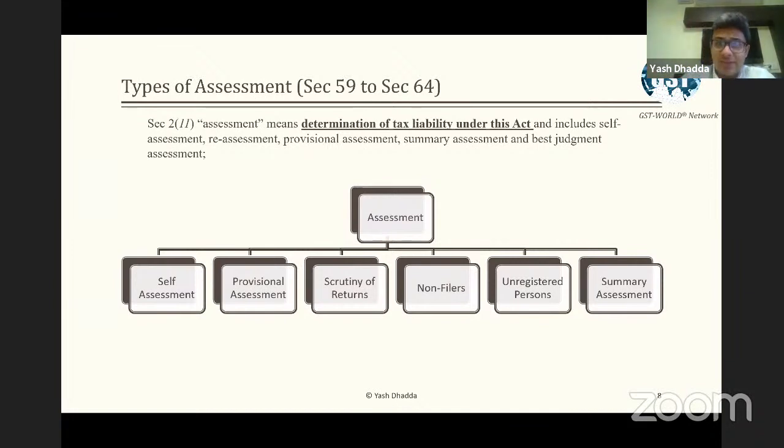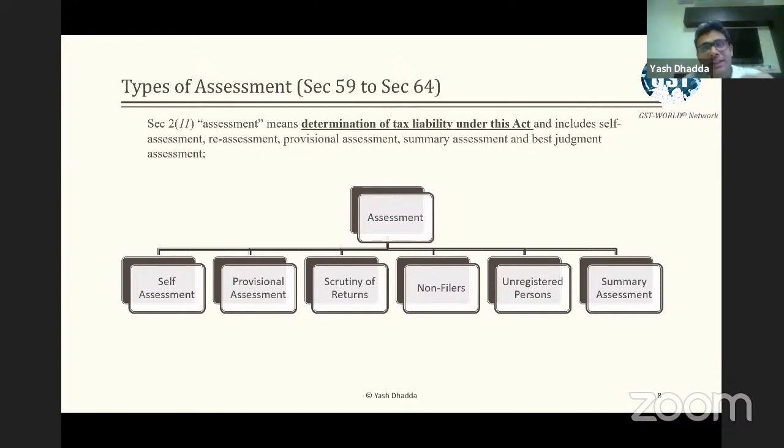That is, first is self-assessment, then provisional assessment, then scrutiny, then assessment of non-filers, assessment of unregistered persons, and a summary assessment. And as I said in the starting, the concept of assessment, what we understand, is the measure of it: what is the measure of taxation, up to what measure it should be levied, and its quantification is basically the fundamental root on the basis of which any adjudication would be done.